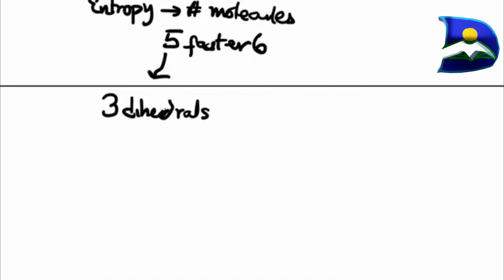However, for the 6-membered ring, we need 4 dihedrals that will have to rotate, and this causes an increase in the entropy energy here.